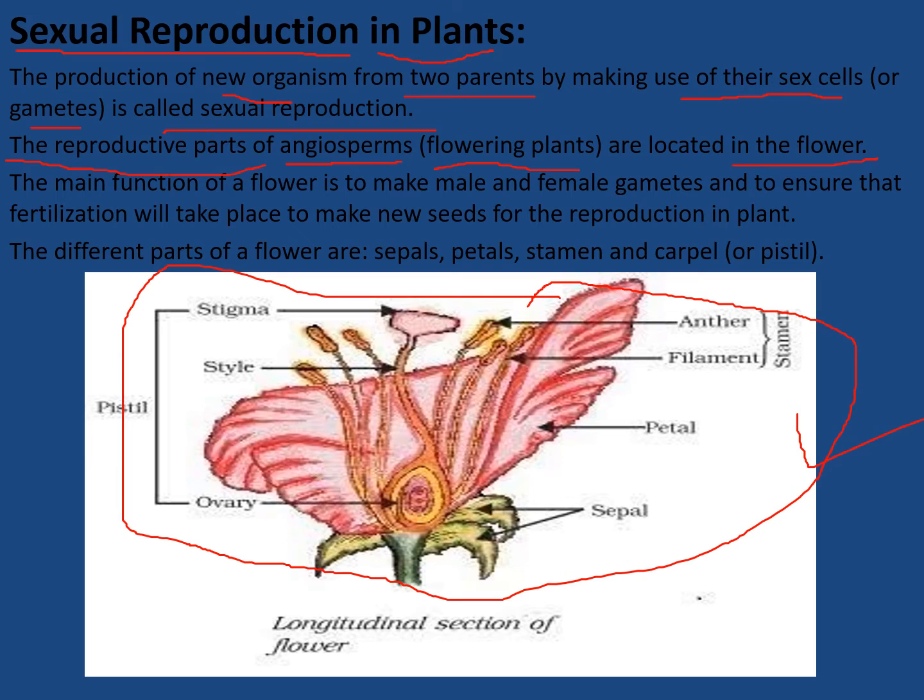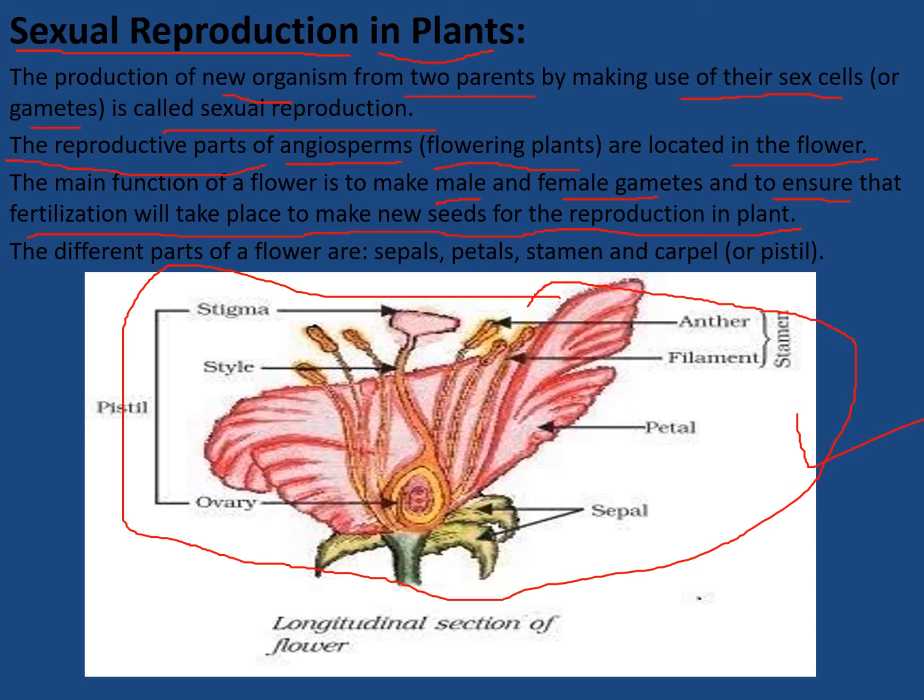The main function of the flower is to make the male and the female gametes and to ensure the fertilization which takes place to make the new seed for reproduction in the plant.